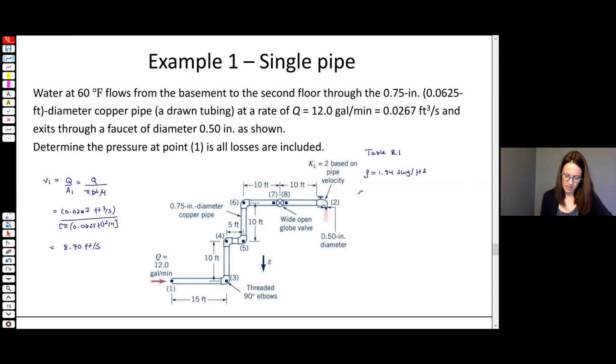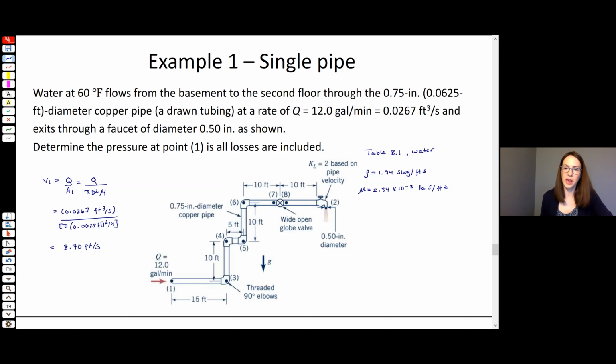The viscosity is 2.34 times 10 to the minus 3 pound seconds per square foot. And yes, this comes from table B1.